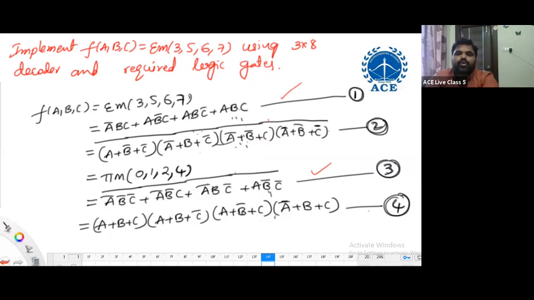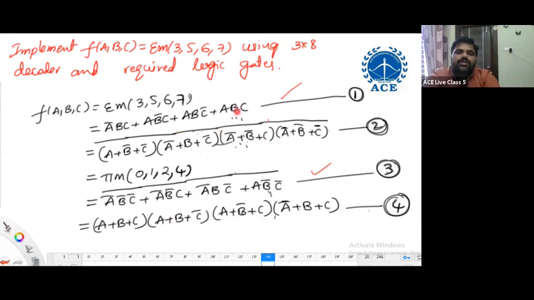And coming to sum terms, when sum terms are available, which gates can be used? Observing equation number 4, it is ANDing of sum terms. Sum terms are available for each and every combination, and we take the AND of those sum terms. Equation number 2 is ANDing the sum terms followed by NOT, and AND followed by NOT is NAND.